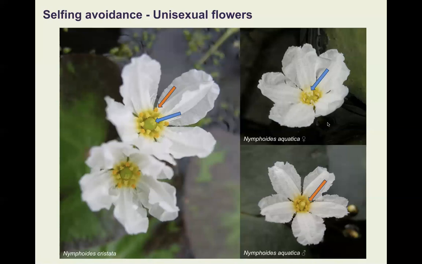These happen to be on different plants. So there would be a female plant or a male plant. That's not the only way to do unisexual flowers in flowering plants either, but this is one way, and most similar from what we've seen today to what the familiar human version is.